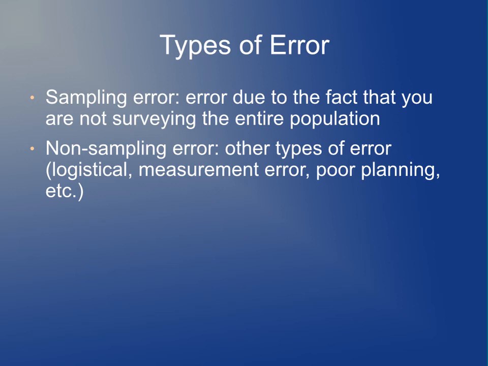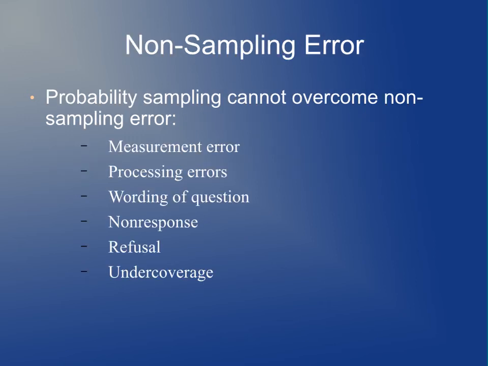And non-sampling error is when other types of error occur: logistical measurement errors, you design your experiment poorly, whatever the case may be. And in general, probability sampling cannot overcome non-sampling errors.